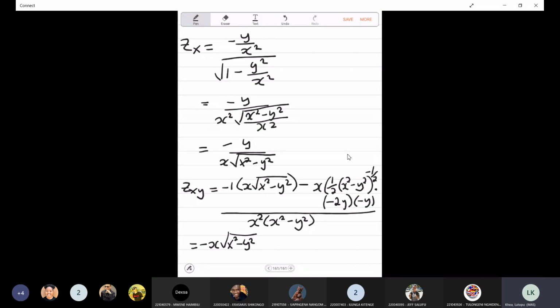That will leave me with just one negative. And then the half and the 2 there will cancel. And then I have x y squared. And then x squared minus y squared to the power of minus a half. And this is all divided by x squared minus y squared.